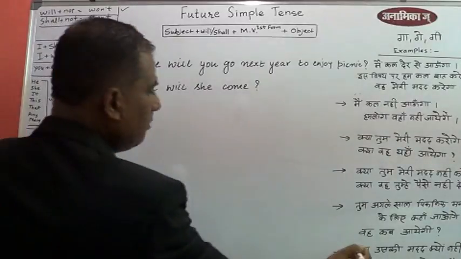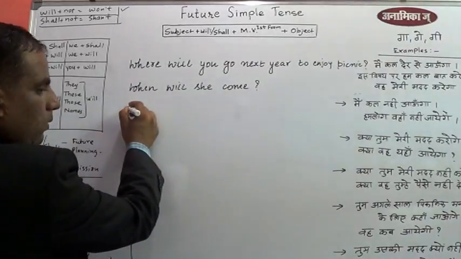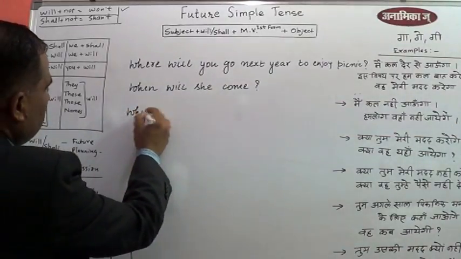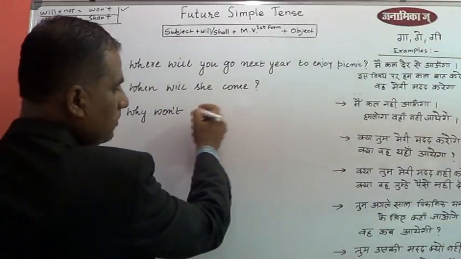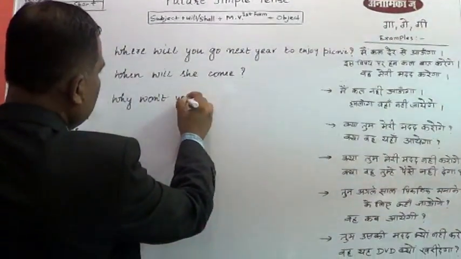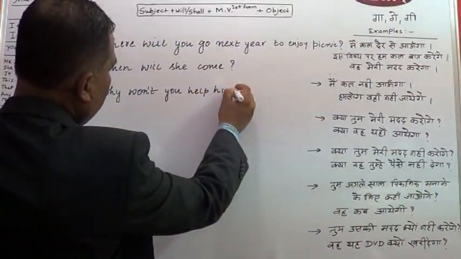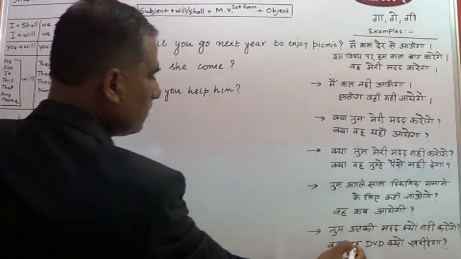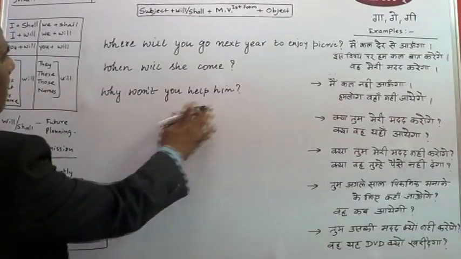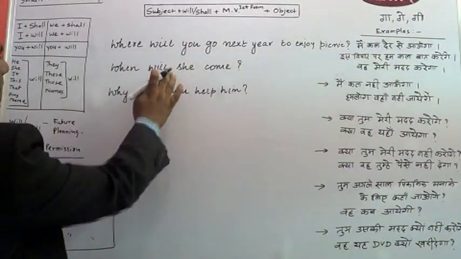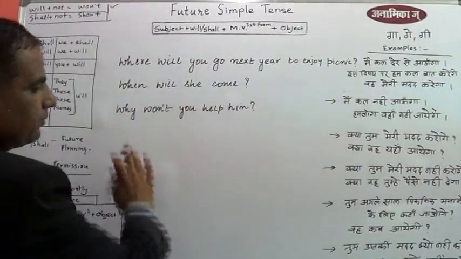So this can be written like why won't you help him? Why won't you help him? So we have seen that instead of will, if won't comes, that makes this question negative.